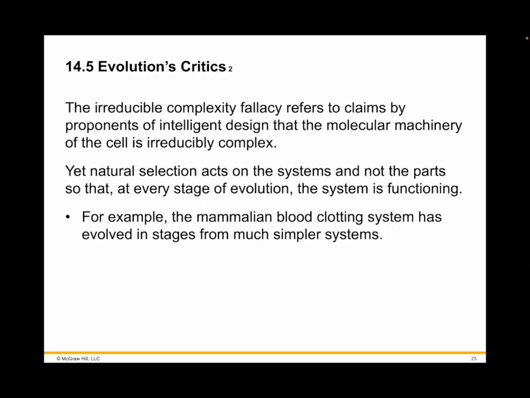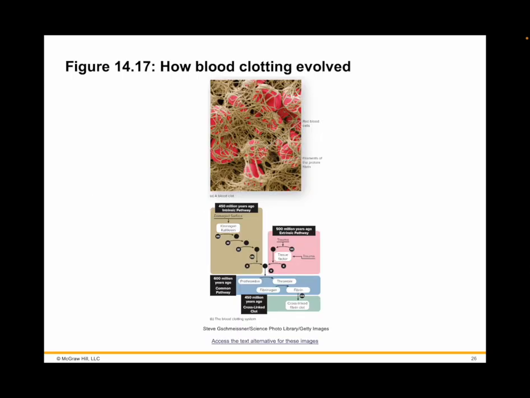The mammalian blood clotting system, for example, has evolved in stages from much simpler systems. The core of the vertebrate clotting system, called the common pathway, which you'll see here highlighted in blue, evolved at the dawn of vertebrates approximately 600 million years ago and is found today in lampreys, the most primitive of fish. As vertebrates evolved, proteins were added to the clotting system, improving its efficiency.